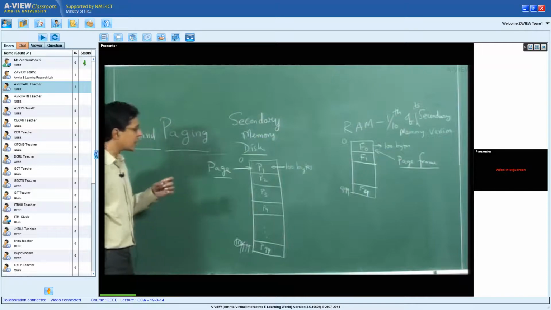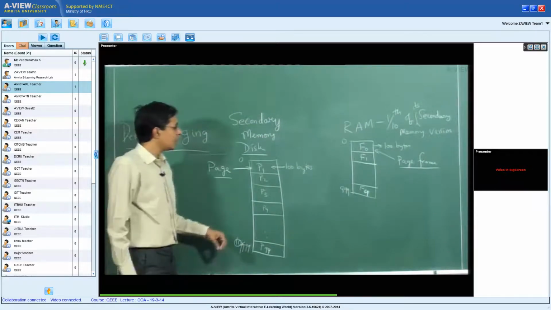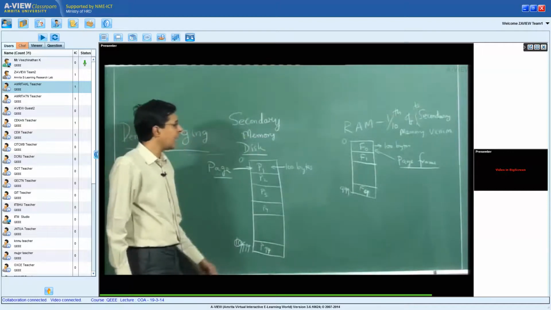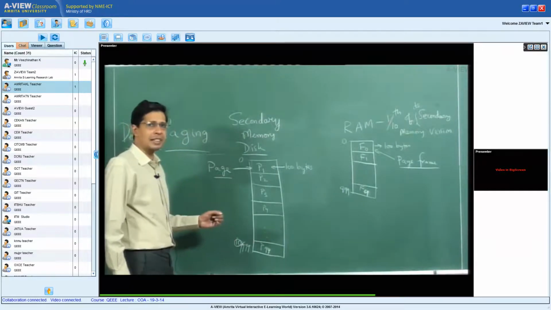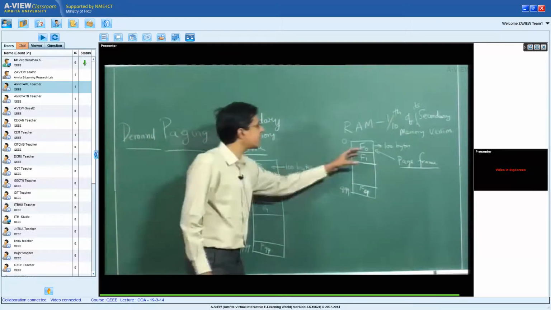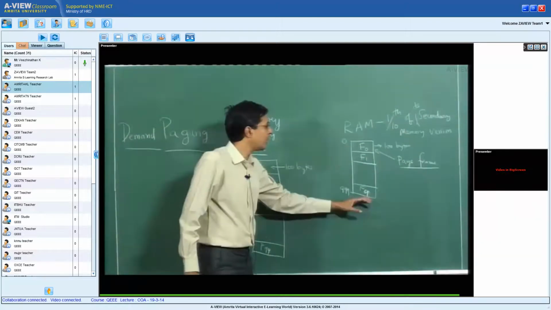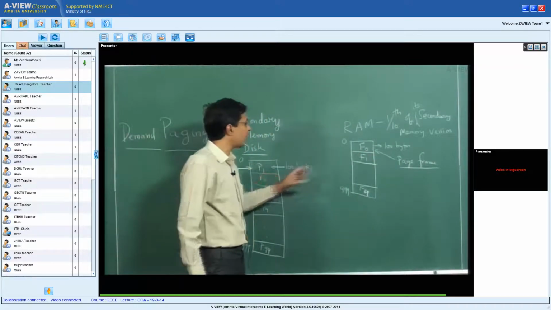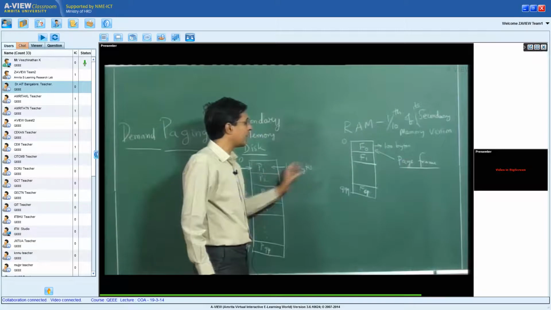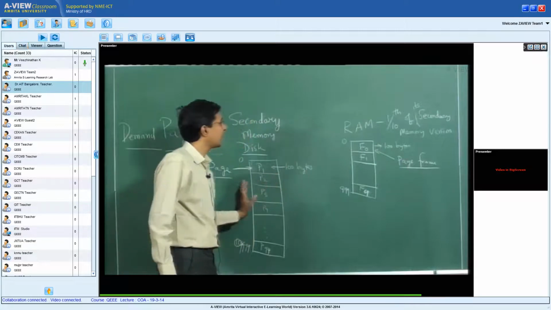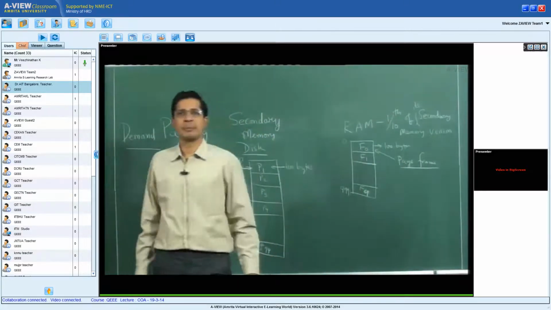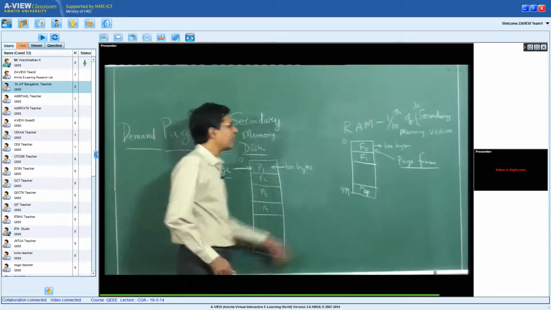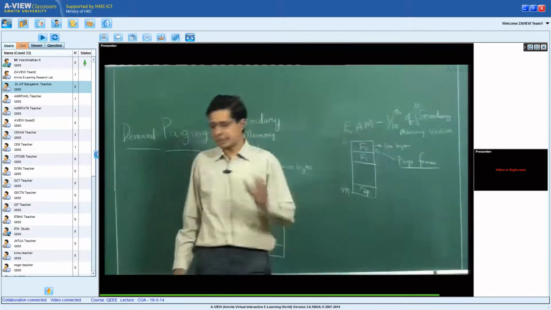The user basically loads his program into this memory, and the operating system takes care that it transfers data from this memory to the main memory, gets it executed, and keeps moving the program and the data between the secondary memory and the primary memory. So the user sees 10,000 bytes, but inherently there is only 1000 bytes.